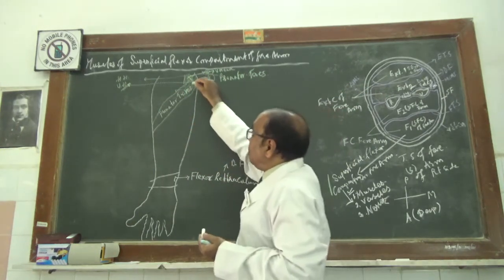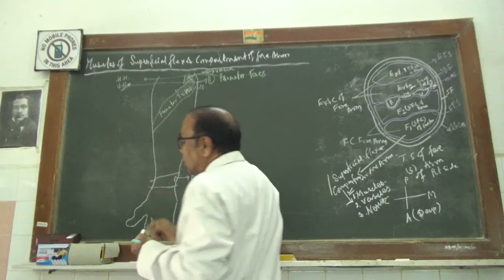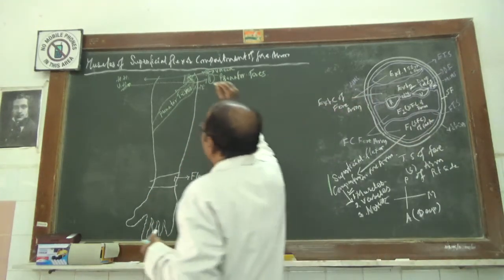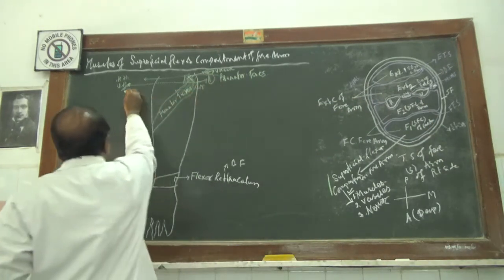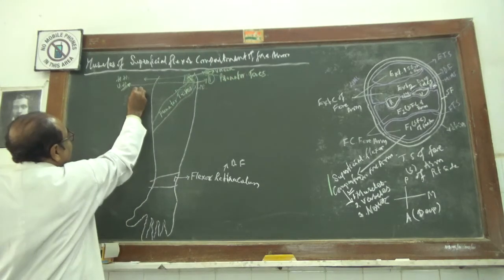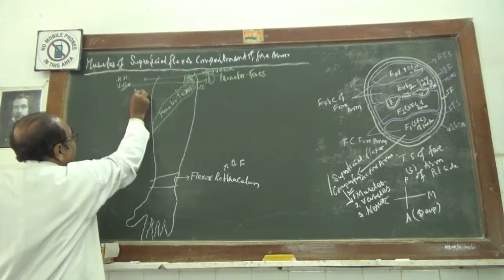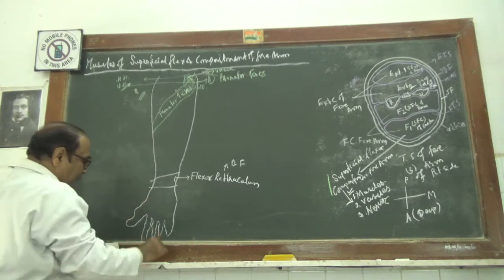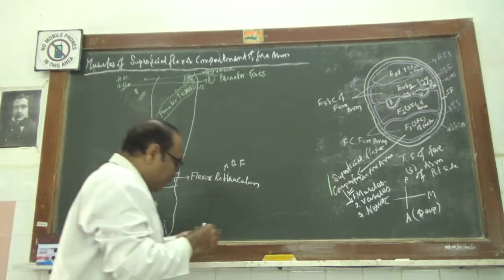After joining of these both heads of the pronator teres, this is the humeral head and this is the ulnar head, as it has been mentioned there.